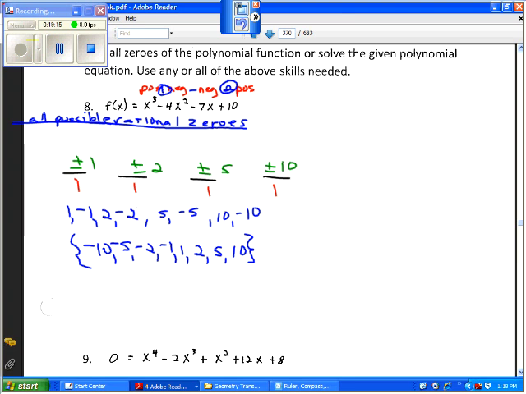So there are 2 sign changes, and that tells us that there are 2 or 2 less than that, down to 0, possible positive real rational roots, zeros.